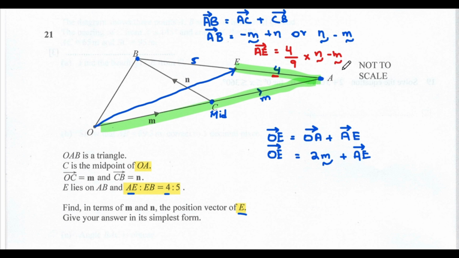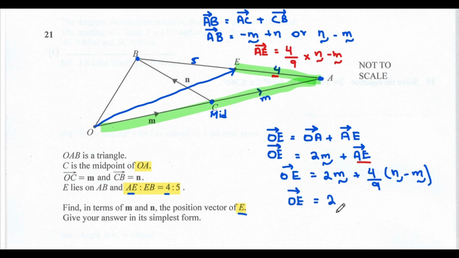Now I'll plug this value into the vector OE. So over here I'll write 4 over 9 times N minus M. So OE would be equal to 2M plus 4 over 9 times N minus M.